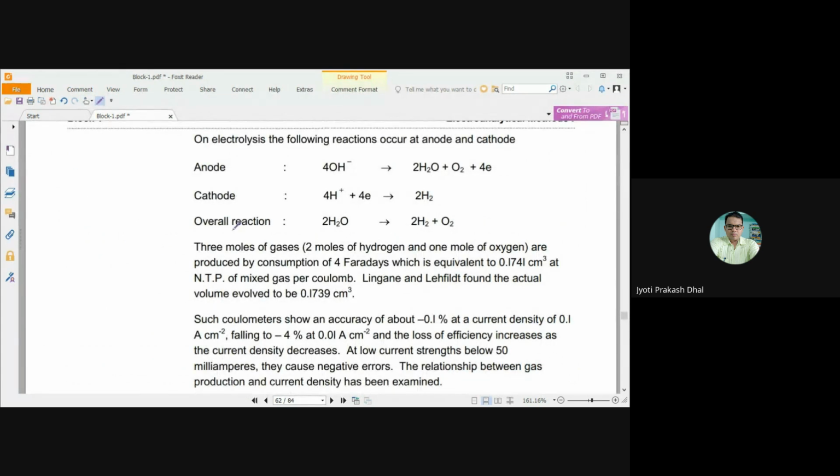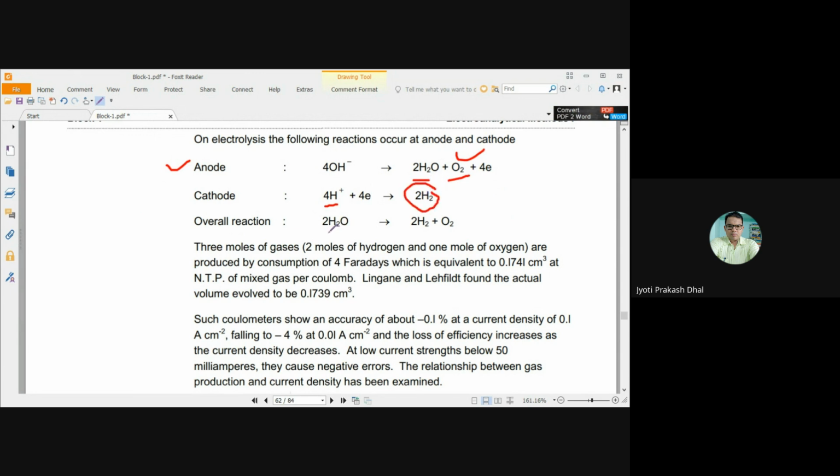On electrolysis, the following reactions occur at the anode and cathode. At the anode, the OH minus ion is converted into water and oxygen gas, so oxidation takes place here. At the cathode, the reduction reaction takes place, and H plus ions are converted into hydrogen.